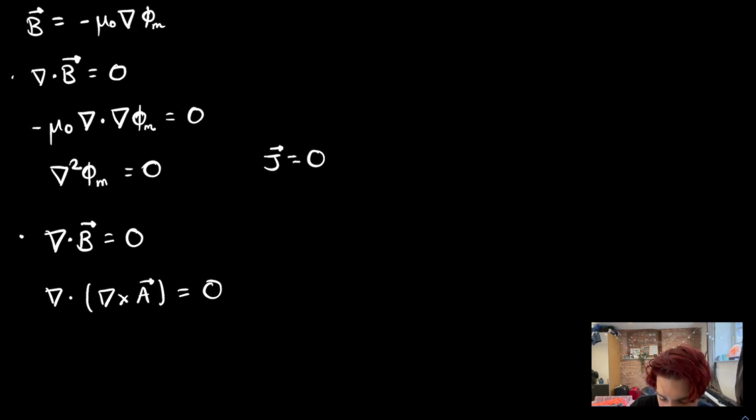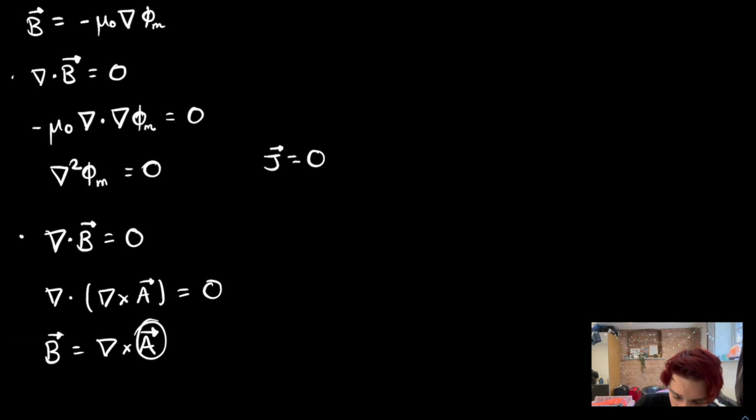And we've actually been using this identity a few times before. Given that this is always true and this is always true, we can just define B as equal to the curl of this A vector.